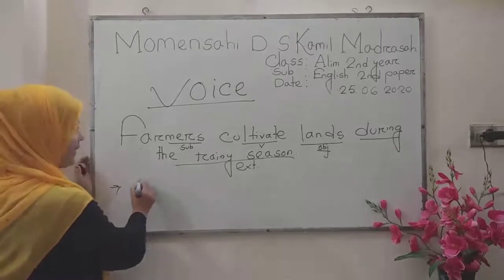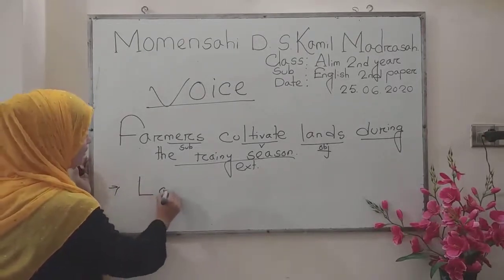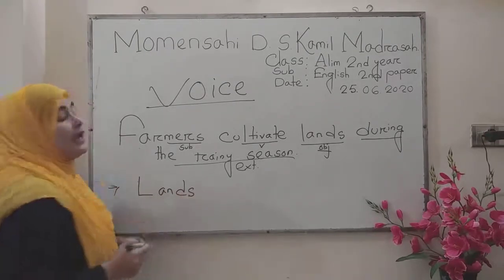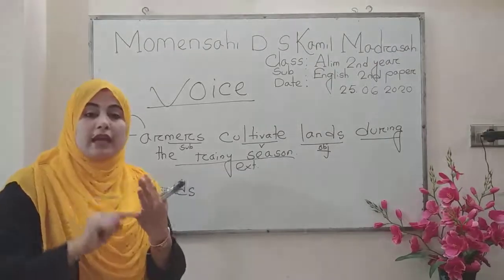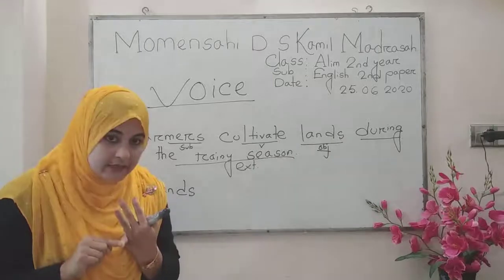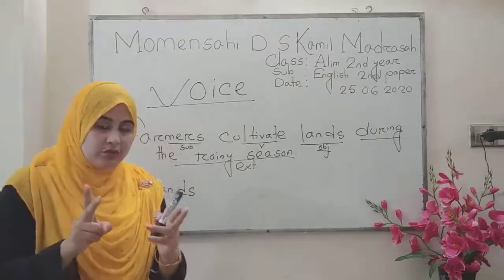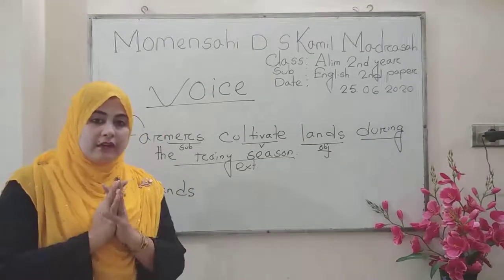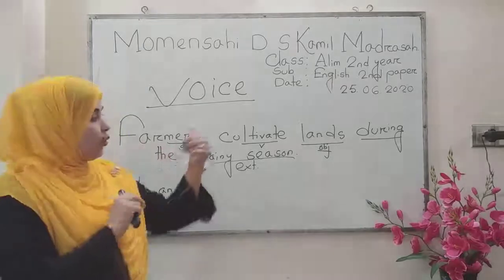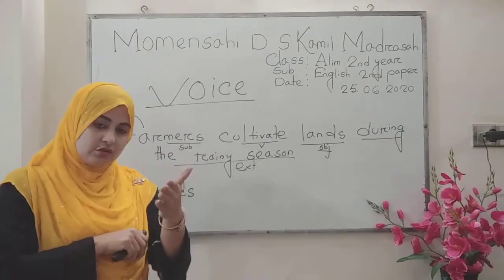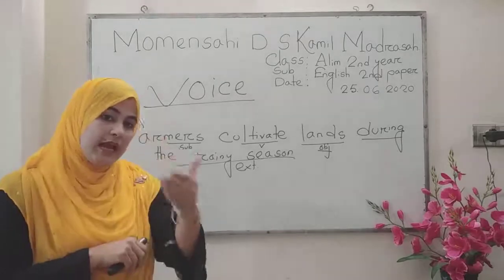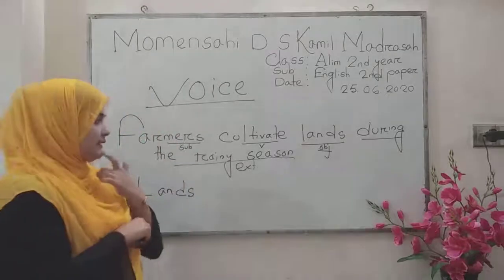That is, I am writing lands. And another thing, if you want to change voice, you have to identify first of all what type of sentence it is and also what type of tense it is.